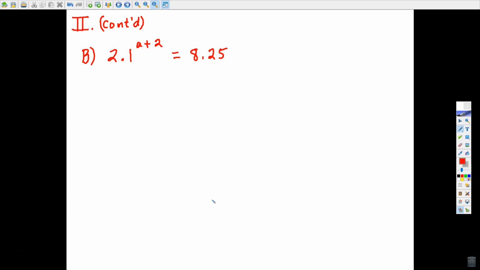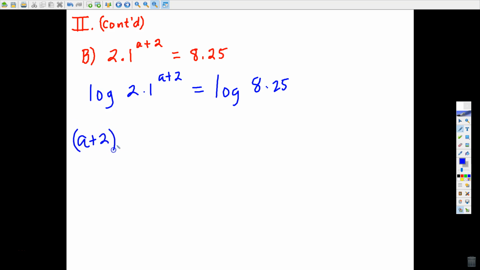So this is an exponential equation. I'm trying to find a. I'm going to do log on both sides, just like the previous problem. So I'm giving you a good template for how to show your work. Okay, this exponent needs to be brought down as a factor. That's called the power property. So a plus 2 log 2.1 equals log 8.25.